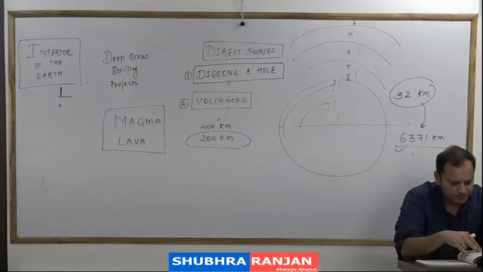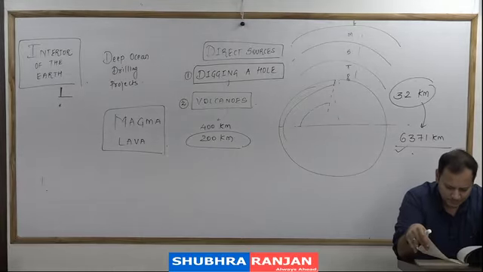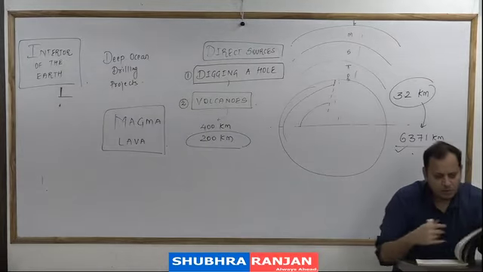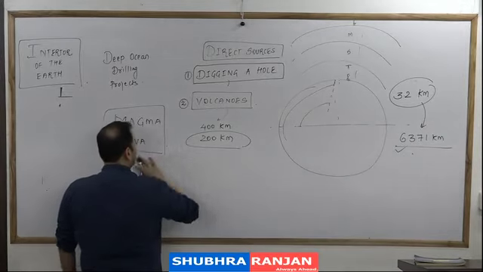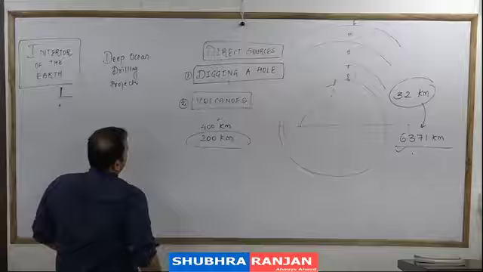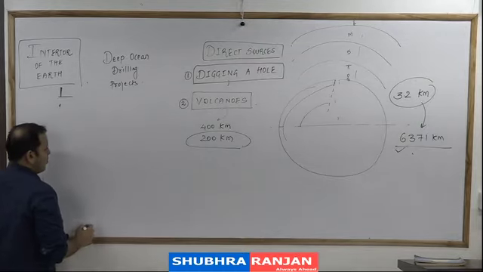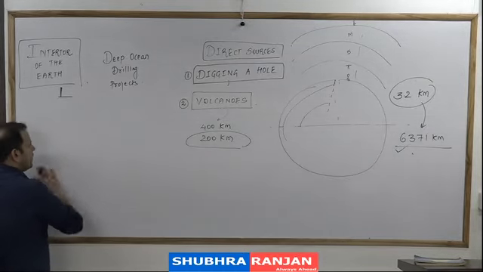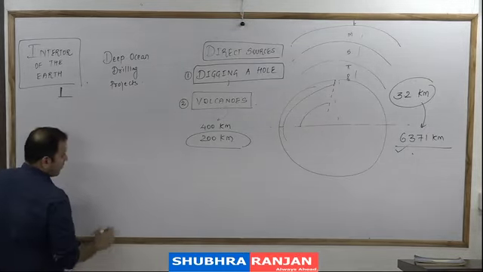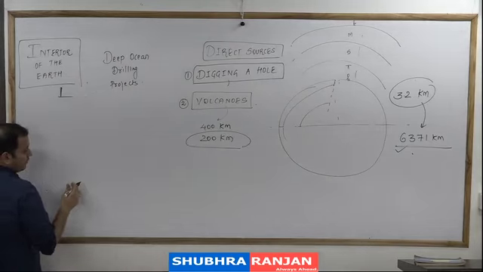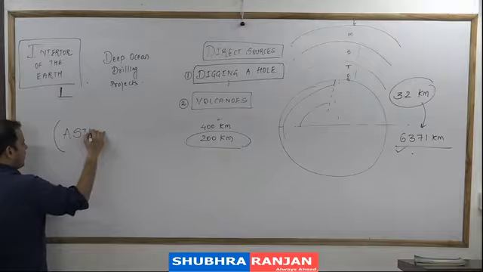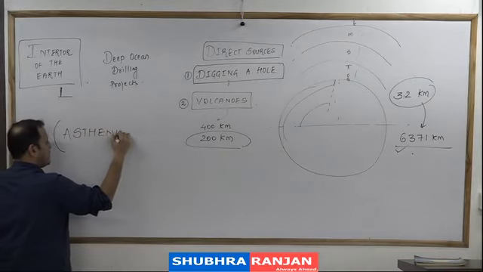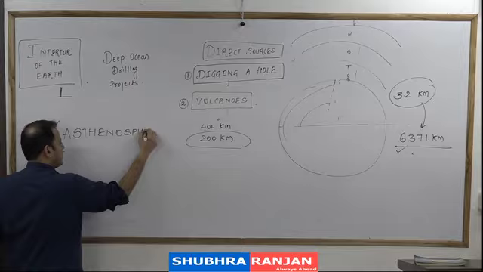But volcanoes mostly occur from the depth of 200 kilometers. ब्रैकेट में ये वर्ड लिखना, बाद में मैं कल समझाऊंगा व्हाट इज दिस वर्ड.